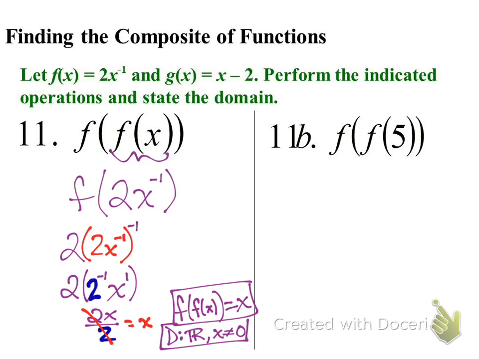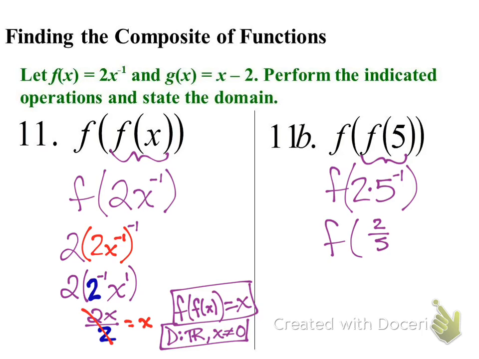Something I did not stress is in compositions, wait, no, maybe I did. In compositions, if you get a hiccup along the way, if you plug 0 in along the way and you get an undefined or an error situation, it stops the whole function. So you've got to make sure, did I have any denominators along the way? This is the first case that we've had thus far. Well, let's plug in 5. Granted, we're not plugging in 0, we're plugging in 5.